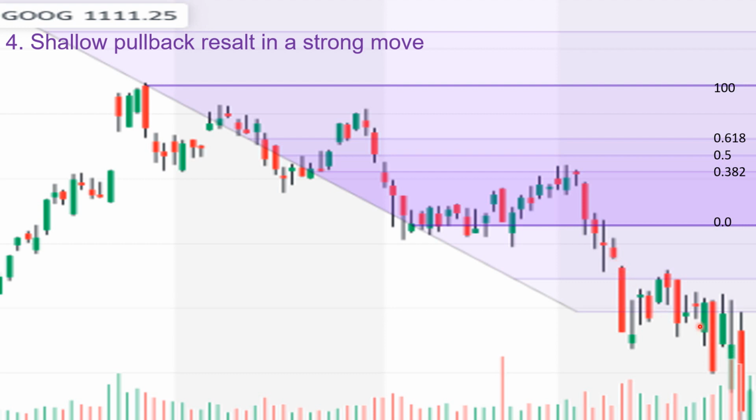We conclude that this shallow pullback resulted in a strong move, and it can help traders to have a profitable trading decision.